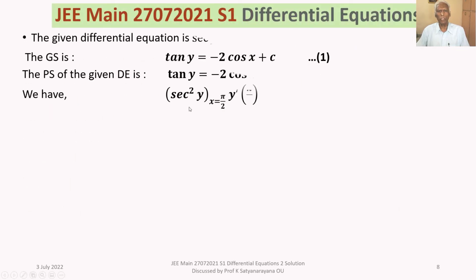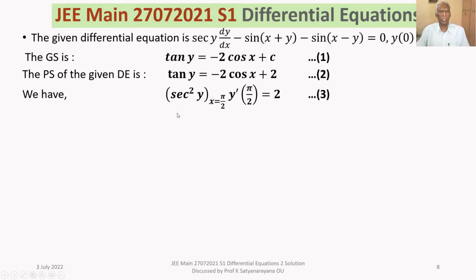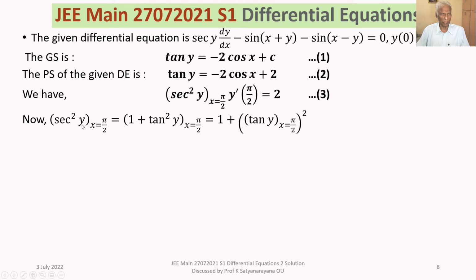We continue. Secant square y at x = pi/2 we are evaluating. For secant square y we write 1 plus tan square y, right? That is to be evaluated at x = pi/2. Then that is equal to 1 plus (tan y when x = pi/2) whole square. So what is the value of tan y when x = pi/2? We have that particular solution. You compute.